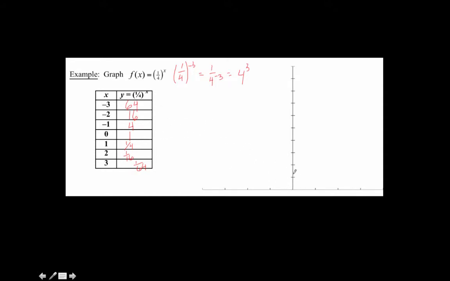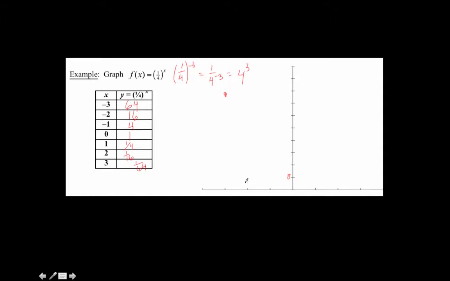So this time I need to get to 64, so let's change this scale. 1, 2, 3, 4, 5, 6, 7, 8, 9, 10. So we'll make these each 8. So I need to go 1, 2, 3, 4, 5, 6, 7, 8. And that's where I map from negative 3.